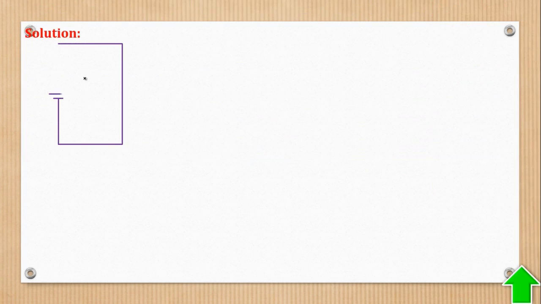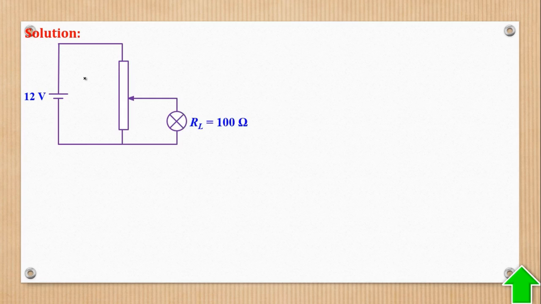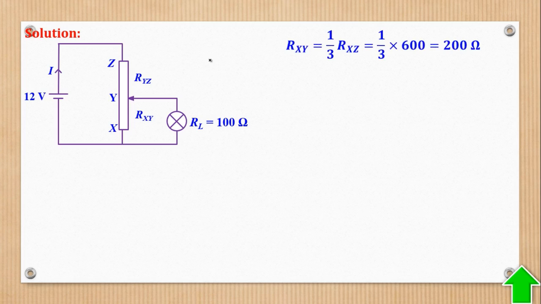So you first illustrate our potential divider. So we have our source, which is 12 volt. This is our filament of 100 ohm connected to a potential divider. They have told us that the whole of this resistance is 600.